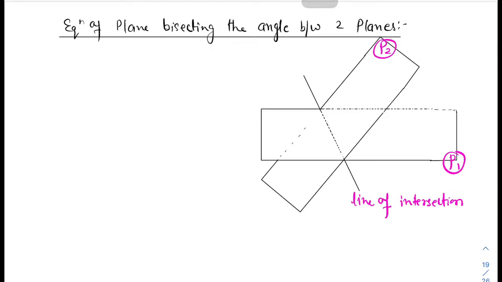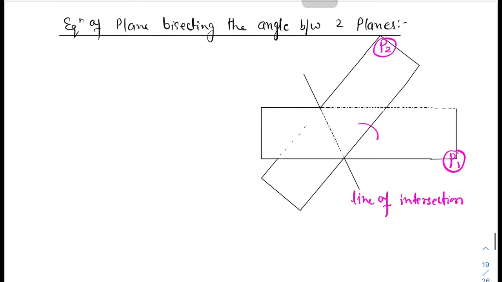So there must be some angle between these two planes because these two planes are intersecting. So how to write the equation of the plane which is bisecting the angle between these two planes?